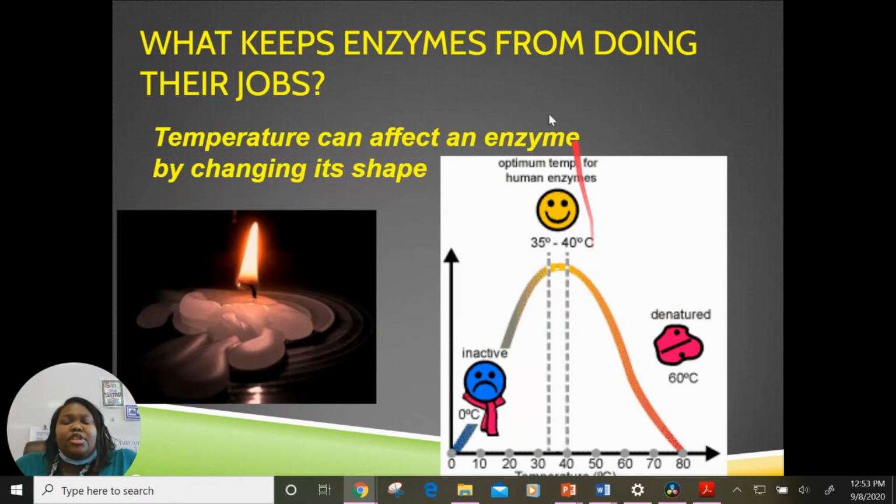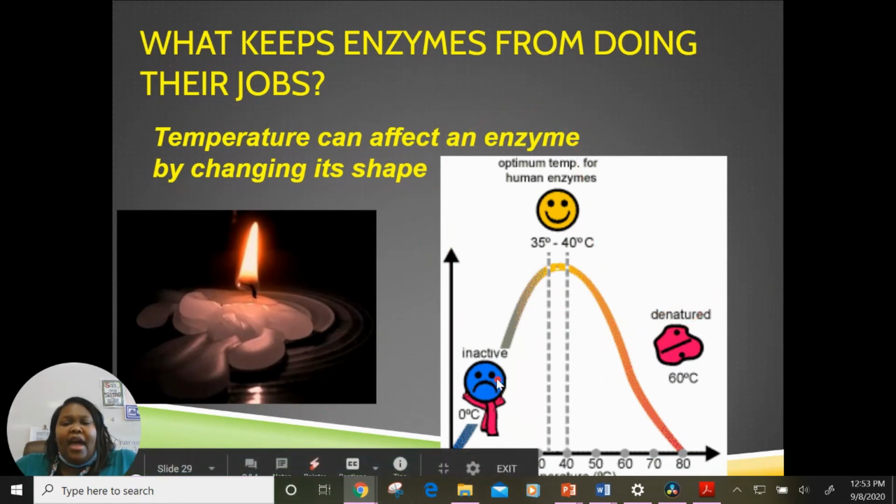If you look at this graph, you have temperature at the bottom, and enzyme activity on the y-axis. When the temperature is low, then the enzyme is sad, it can't work.